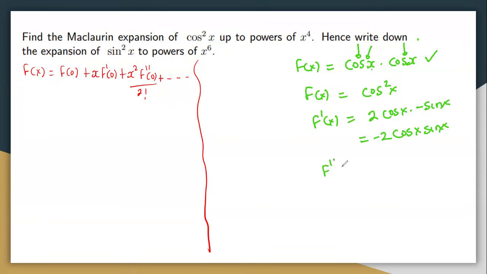But you notice that as you keep on going up, here I have to apply the product rule. So you first keep these two. Then you say, I keep cos x, I differentiate sine of x. And then I keep sine of x, I differentiate cos of x, negative sine of x. So you notice that as you continue working out, things are going to become a bit more complicated.